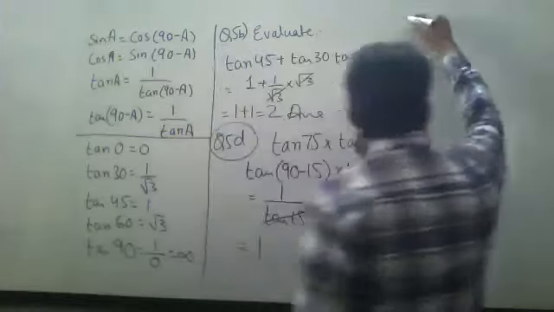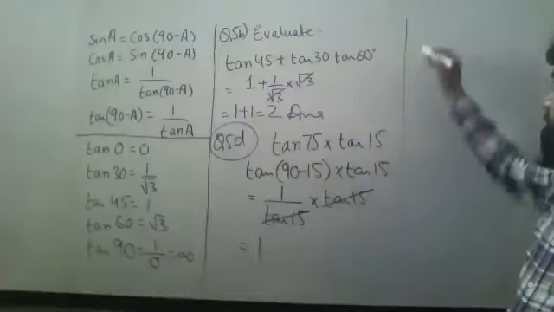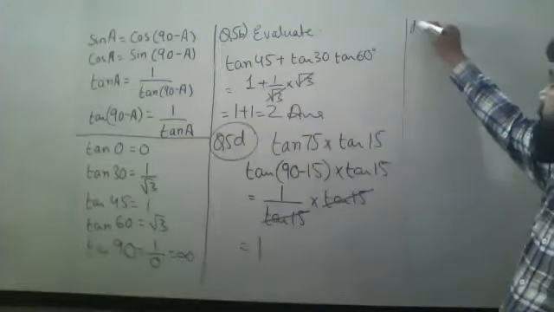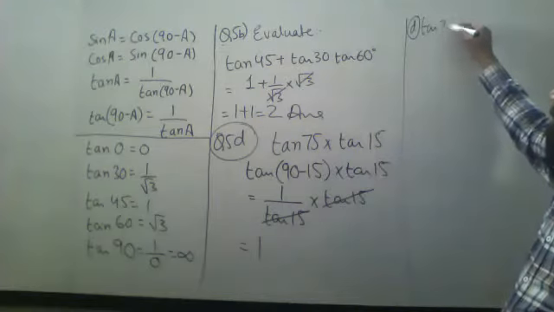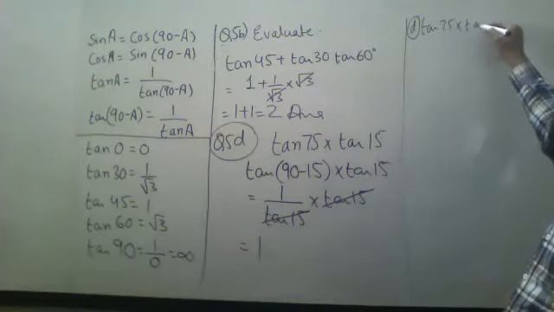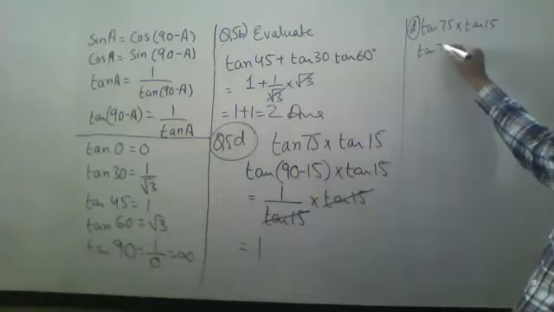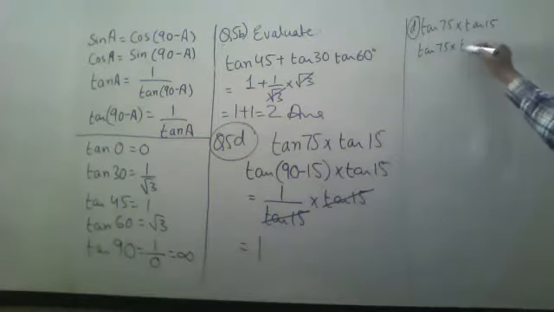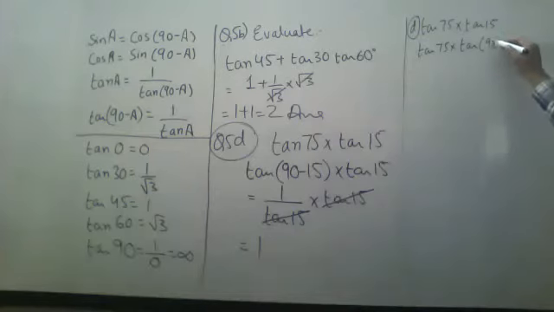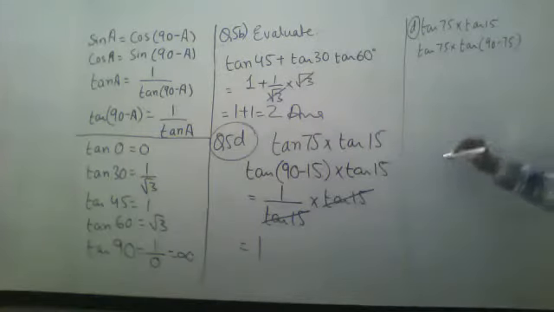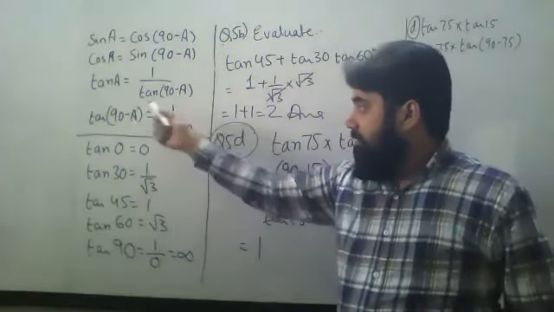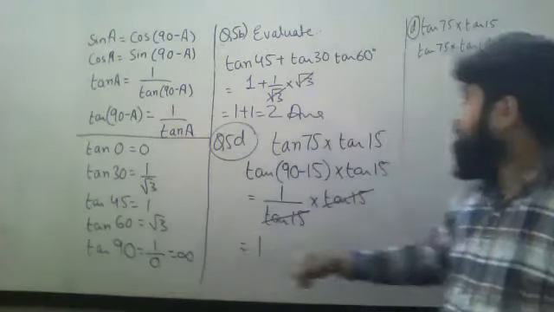Or I can convert the other one also. The question given was tan 75 into tan 15. Keeping tan 75 just like that, tan 15 will be tan (90 minus 75).